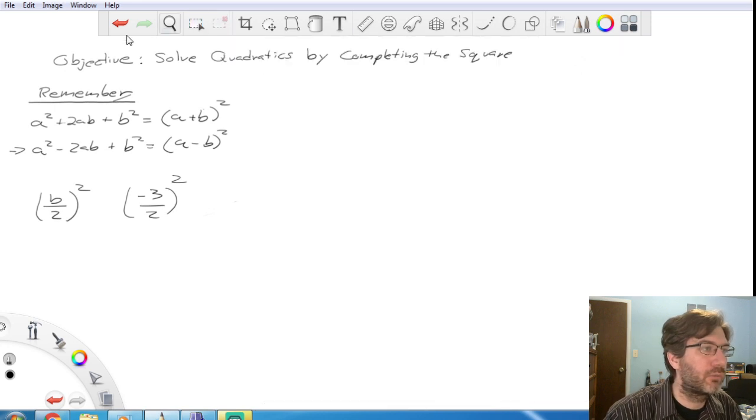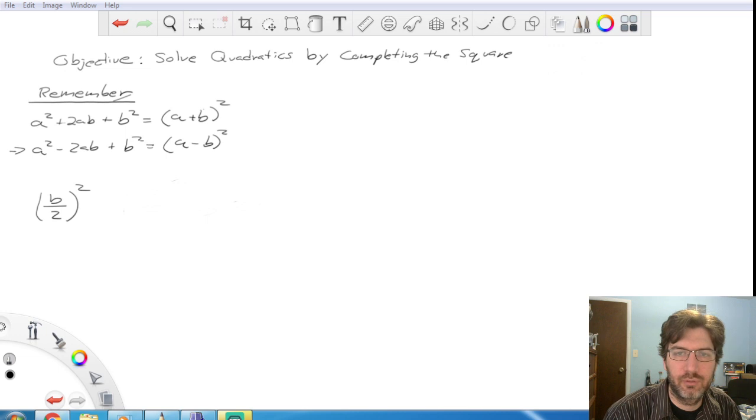But if you look at the summary on how to do these, it tells you step by step what you do for them. This was slide 12, for everyone who's not looking at it. Step 1 is divide through by the a value. If a does not equal 1, divide everything by a.